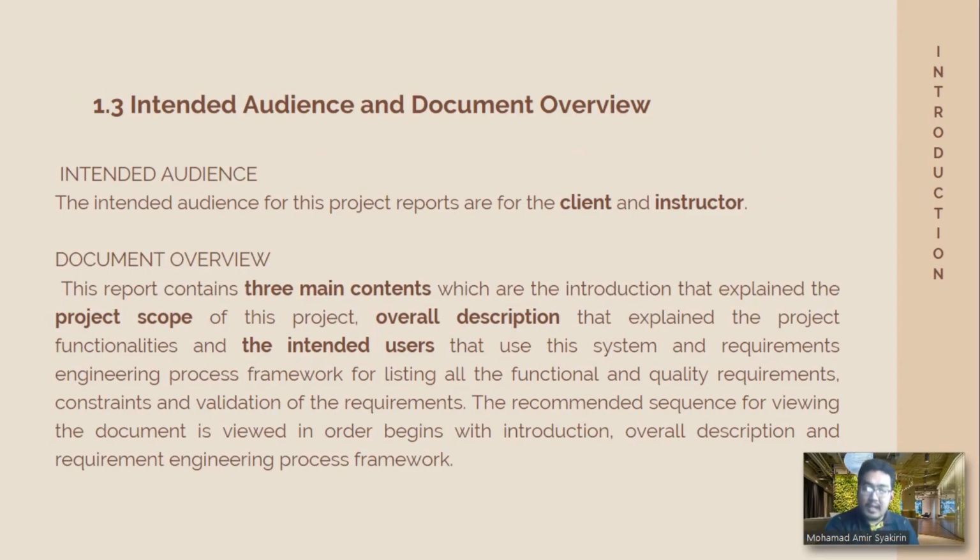Next, we'll proceed with the intent, audience, and document overview. The intended audience for this project report is the client and instructor. The project document overview: this report contains three main contents, which are the introduction that explains the project scope, the overall description that explains the project functionalities and the intended users that use this system, and the requirements engineering process framework for listing all the functional and quality requirements, constraints and validation of the requirements.